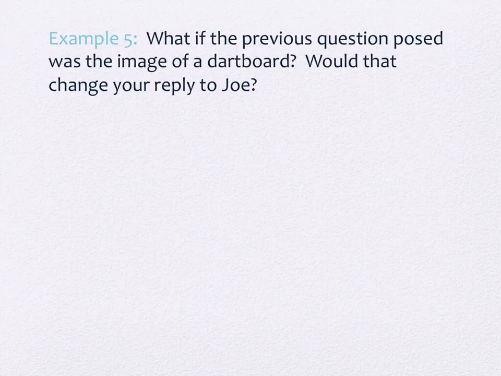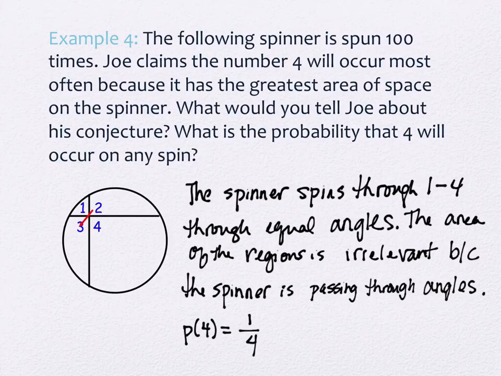Yes, it will. So if it's a dartboard instead and we're throwing darts, is his conjecture going to be true in this scenario? Yeah. There's more space in the location of 4, the 4 corner or whatever, for the dart to hit than it is in the other 3 locations.